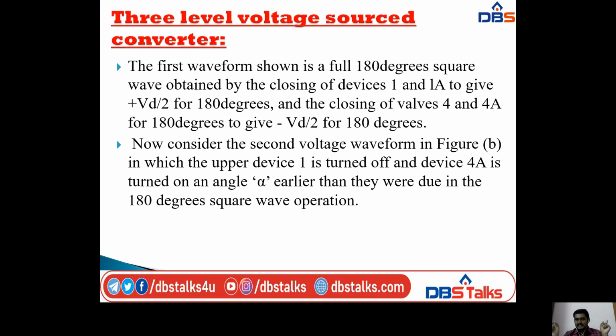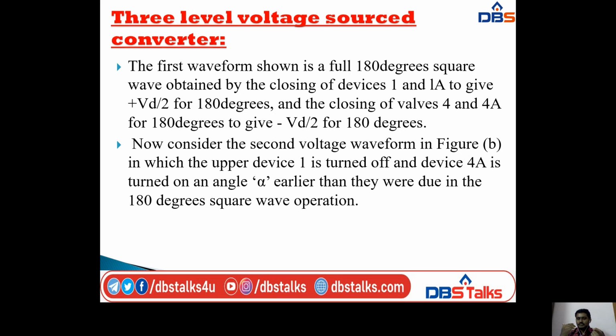Based on those connections, the first waveform is a full 180 degrees square wave obtained by the closing of devices 1 and 1A to give plus Vd by 2 for 180 degrees, and the closing of valves 4 and 4A for another 180 degrees to give minus Vd by 2 for 180 degrees.